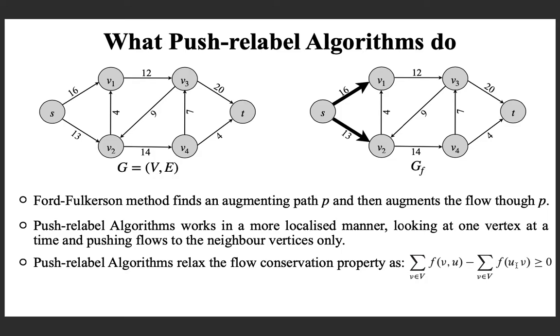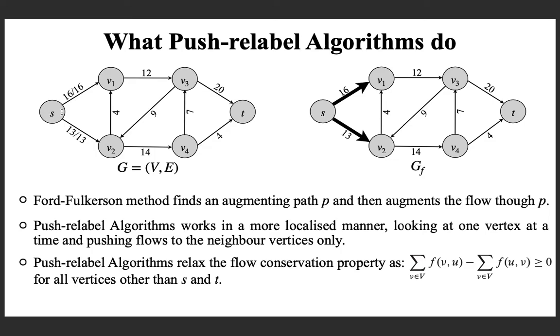Or in other words, if you look at any intermediate vertex, the total incoming flow is greater than or equal to the total outgoing flow. That is the relaxed flow property, and this must be true for all vertices other than the source and the sink.